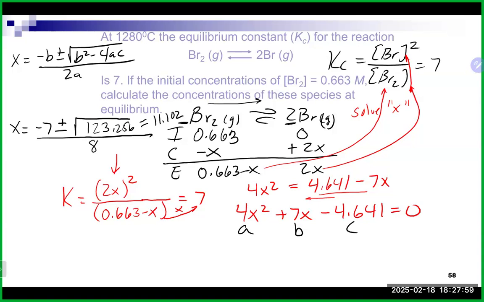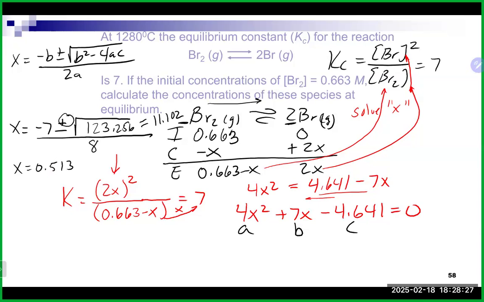That's going to give us our 2 x values in this case, right? So we're going to do the plus first, and then go back and do this subtracting. So that's going to be minus 7 plus 11.102 divided by 8 gets us 0.513 as an x value. 0.513, again, doing the plus way.